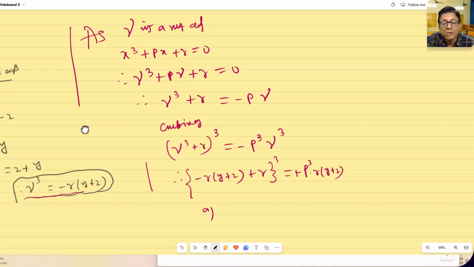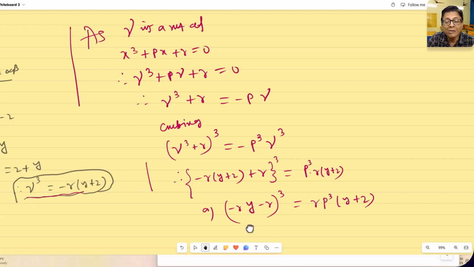Or this you write minus ry minus 2r plus r, whole cube, equal to r p cube. Just a minute, it will remain in the same form, minus p cube. No, this was minus r minus minus, yes, it is plus r p cube into, here gamma cube you have taken, so simply you put this thing.